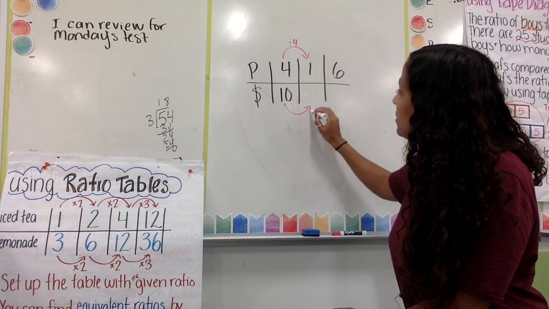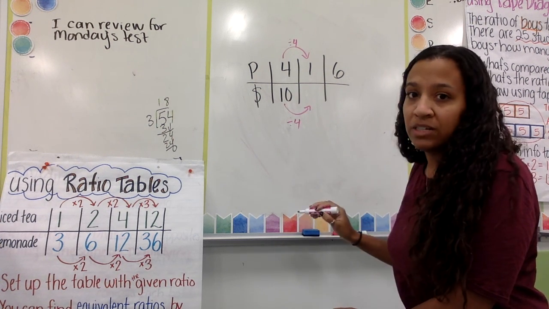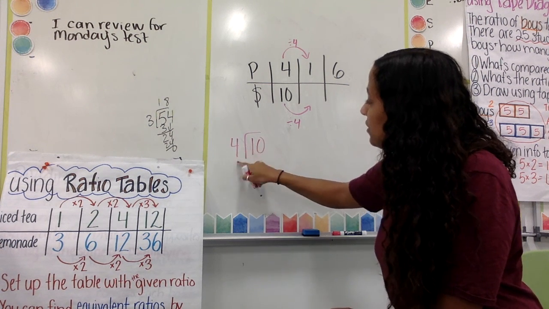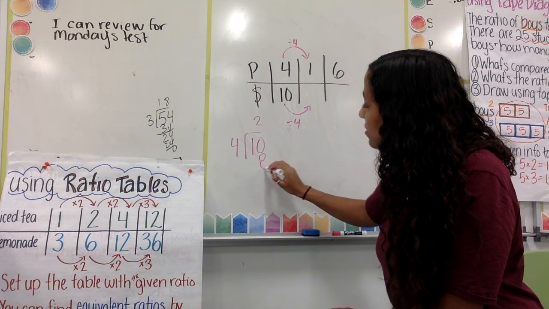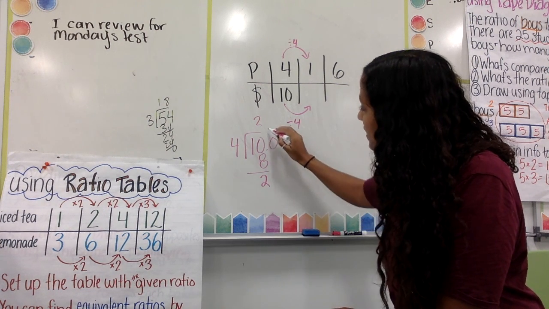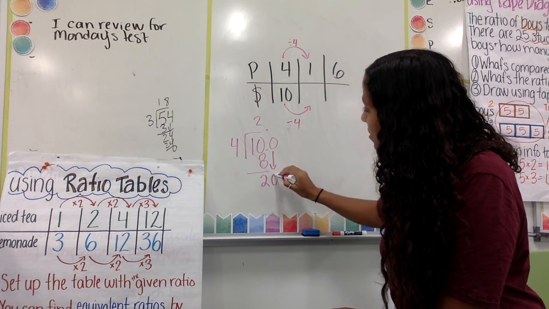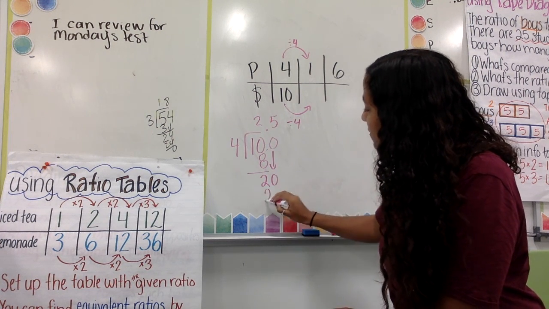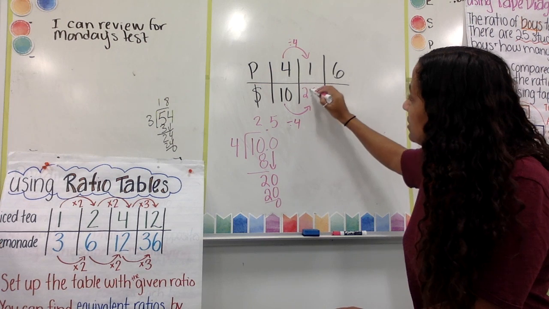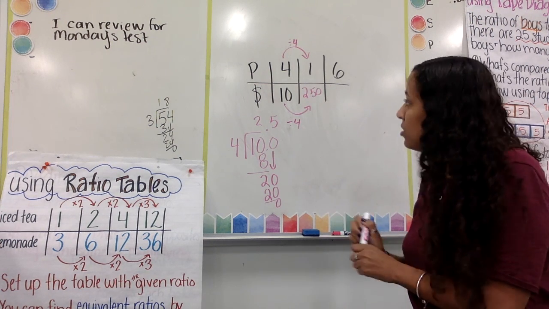So on the other side, I need to divide by 4. 10 divided by 4. 4 times 2 is 8. I have 2 left over. I want to keep solving. I'm going to solve with tenths place. 5, 20. Thinking about money, we know this is $2.50.